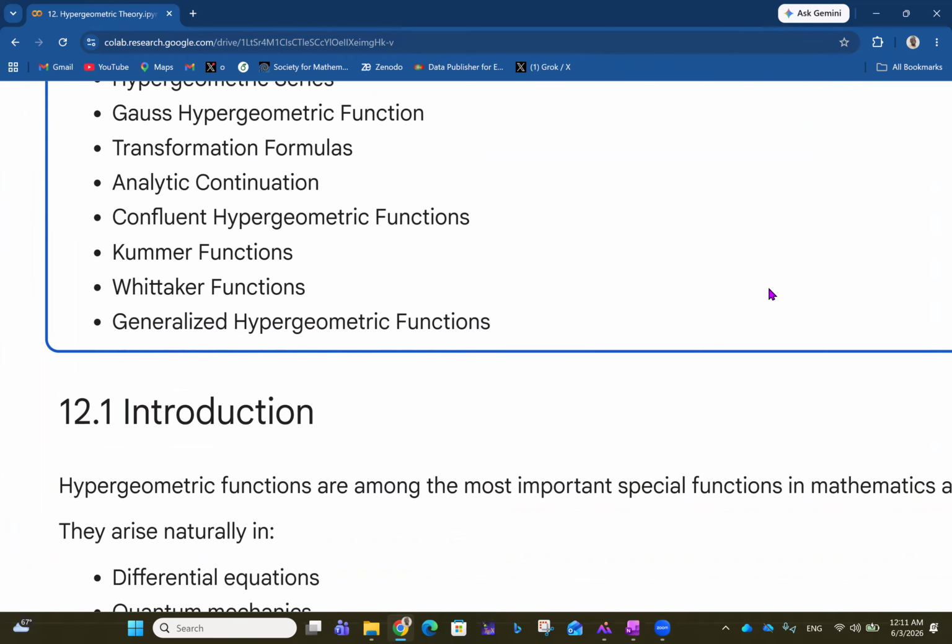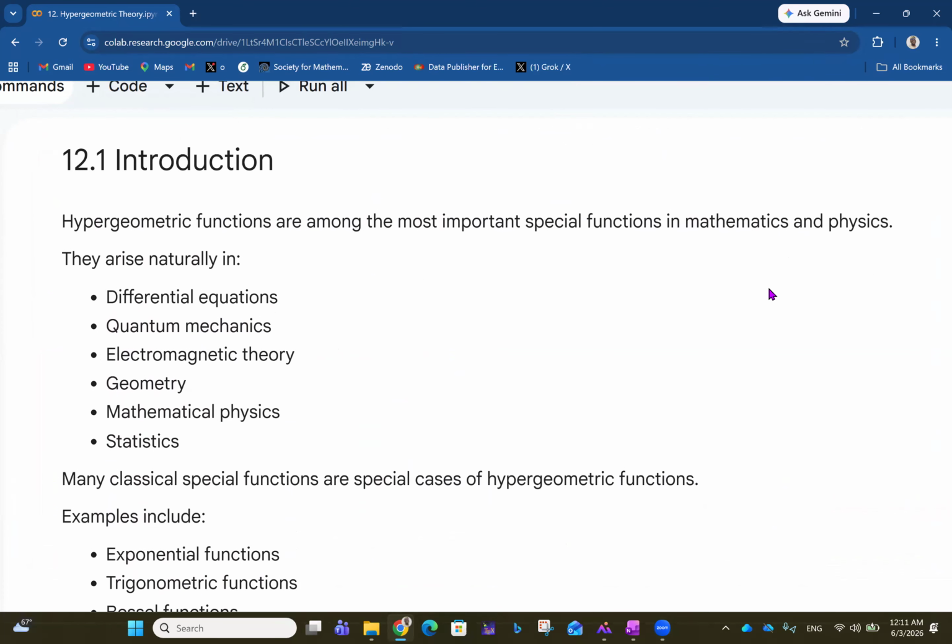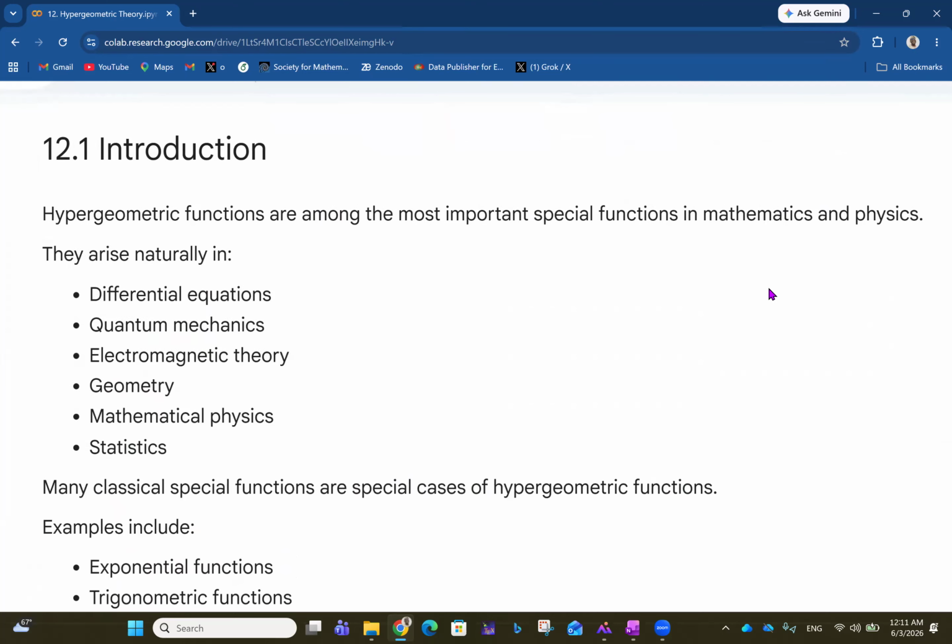Let's go on. So the introduction now: hypergeometric functions are among the most important special functions in mathematics and physics because they arise naturally in differential equations, quantum mechanics, electromagnetic theory, geometry, mathematical physics, and statistics.